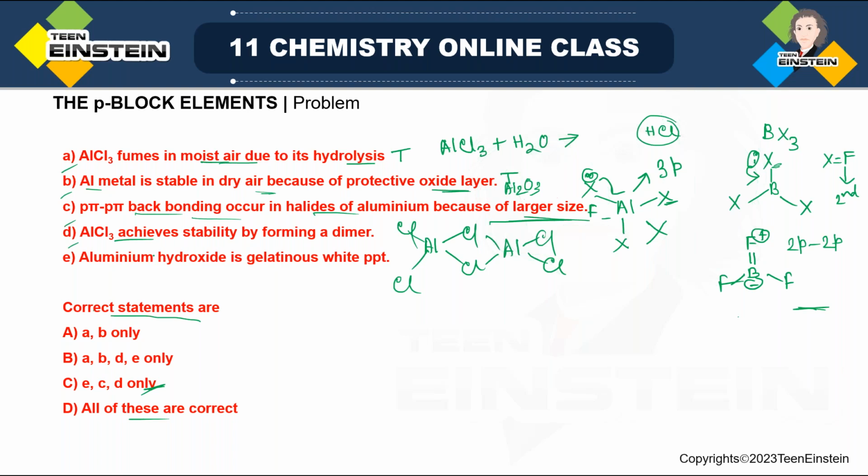By forming dimer, electron deficiency is reduced to some extent. So this is also true. And the last one, aluminium hydroxide, Al(OH)3, is gelatinous in nature. Now this is also true. So except C, all the other statements are correct. That means A, B, D, E, all these four statements are correct.